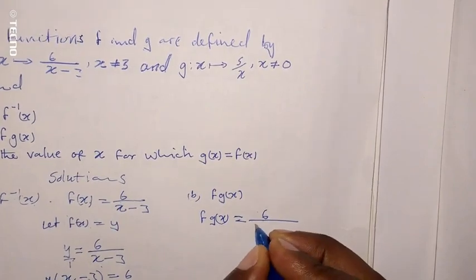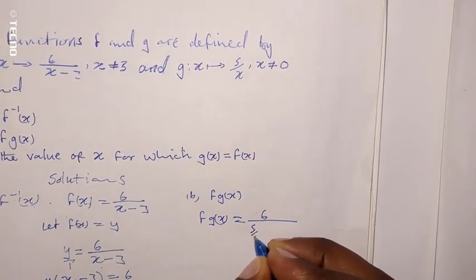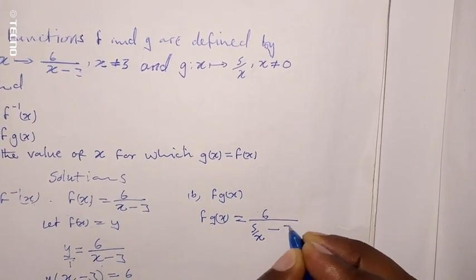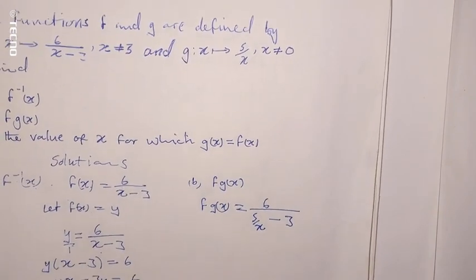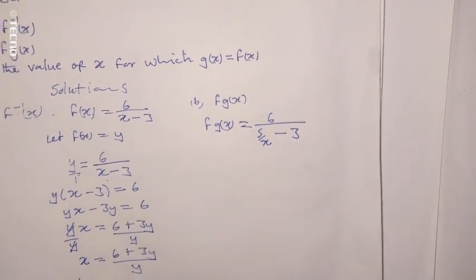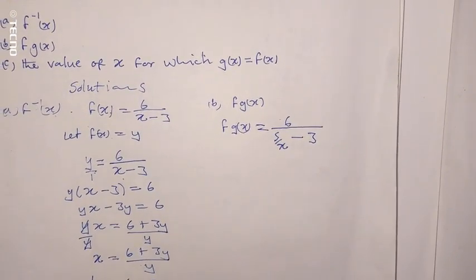So we'll say 5 over x, and then there is minus 3. So this is the function that we have now.